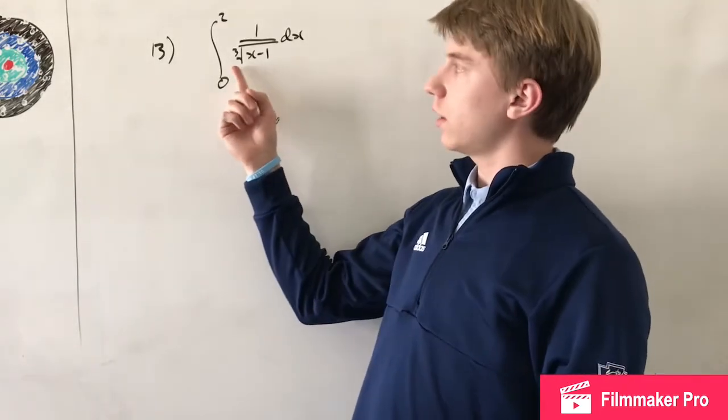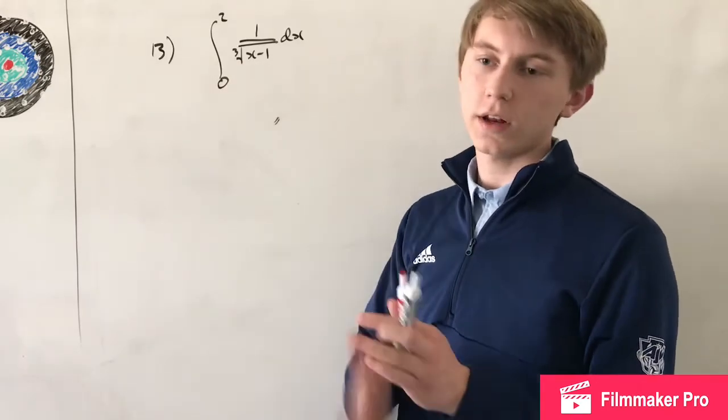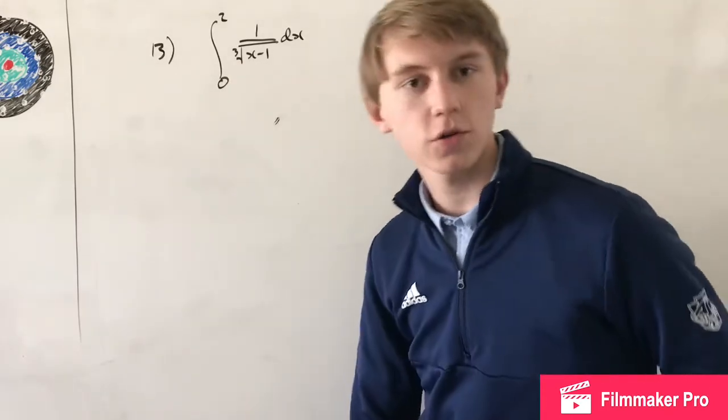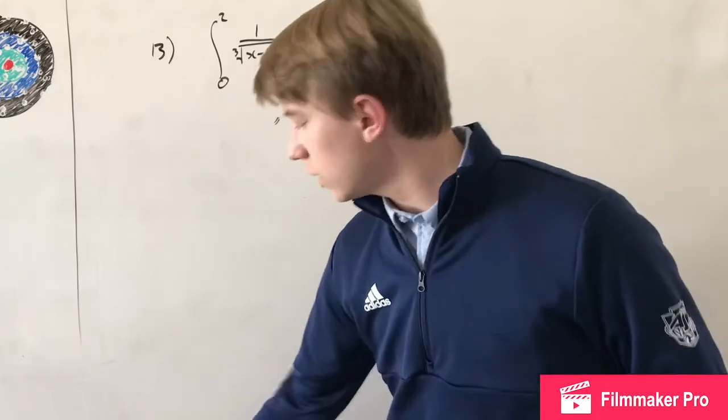Okay, so here is the kicker. At x equals 1, we have an asymptote. So we need to split this up into two integrals and use limits.